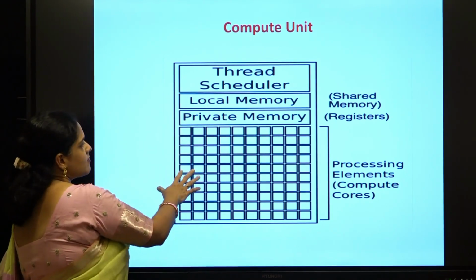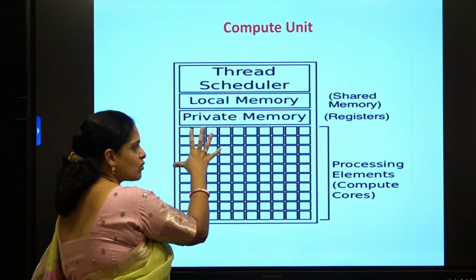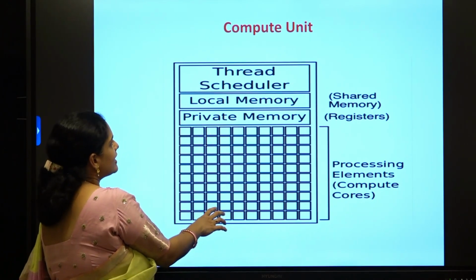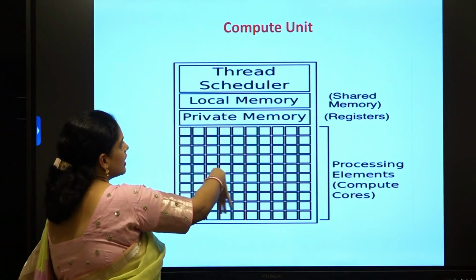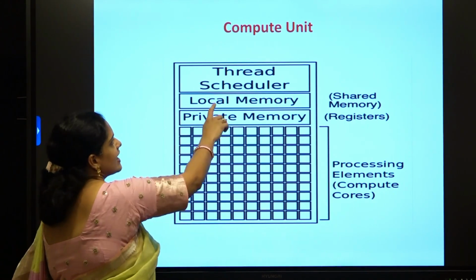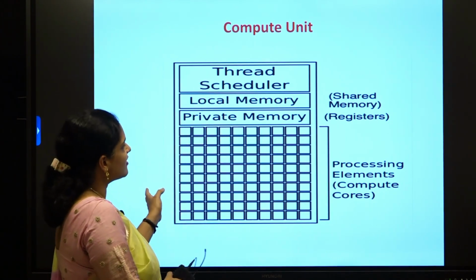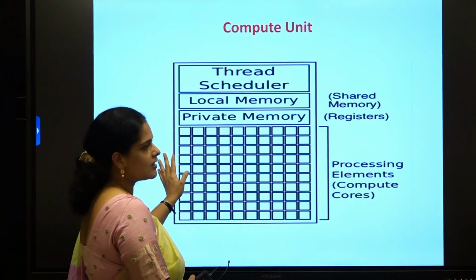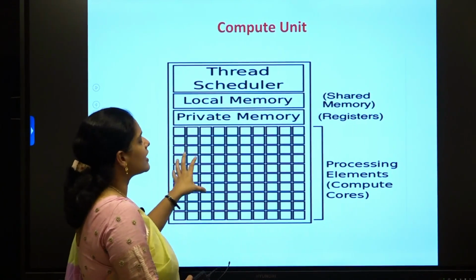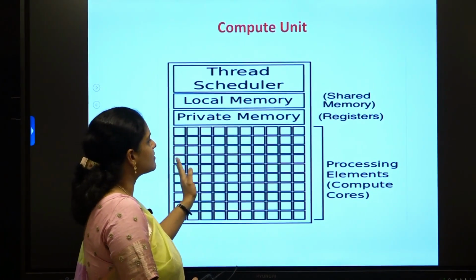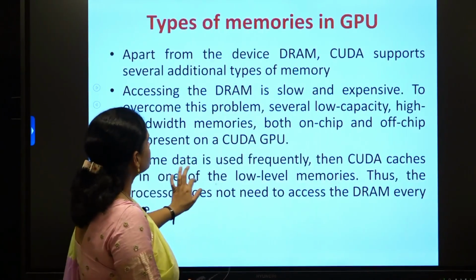Private memory is the memory which is private only to a particular core, and the local memory is local to that particular device. The thread scheduler, where a core is nothing but a thread here, is responsible for scheduling the tasks between the threads.